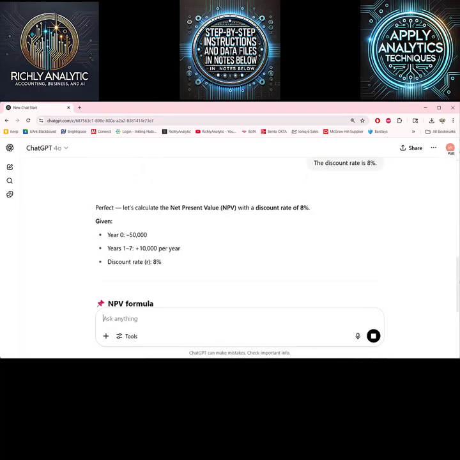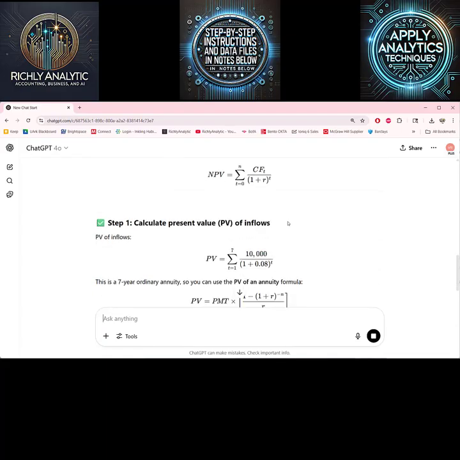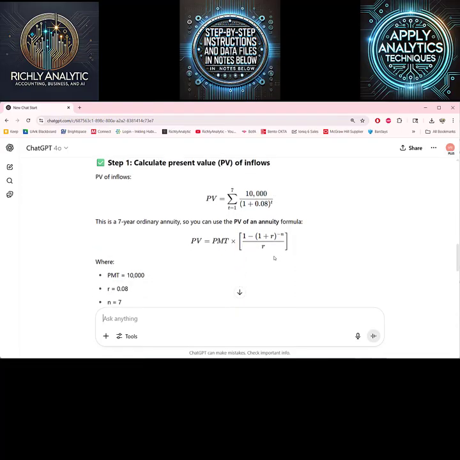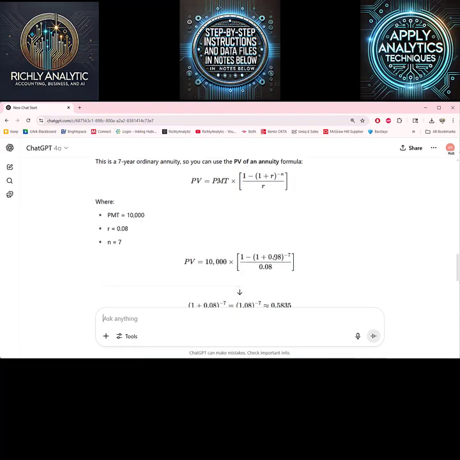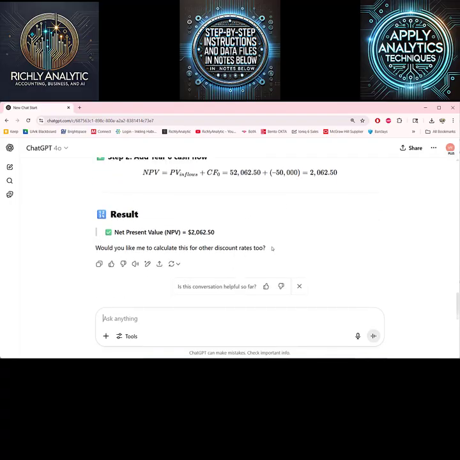If the discount rate is 8%, we look at the formula, and the 8% would figure right in here as R. We look at what it might look like over the various periods, we see year by year cash flows, and the net present value is 2062. So that works pretty well for us.